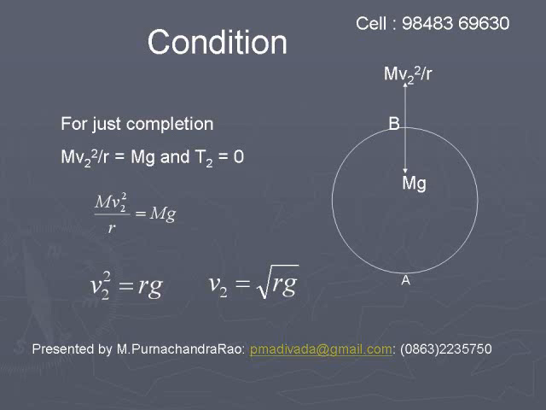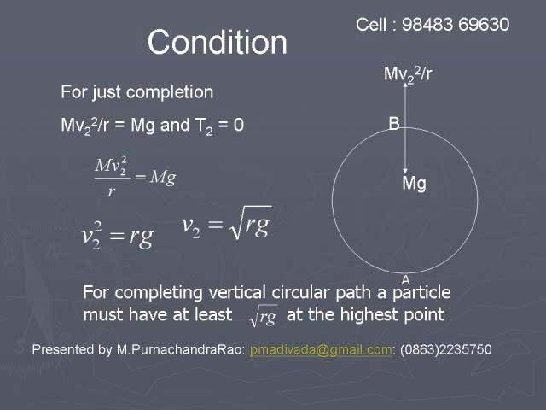This is the relation for completion of the vertical circular path. A body should possess the velocity root rg at the highest point in order to complete a vertical circular path.